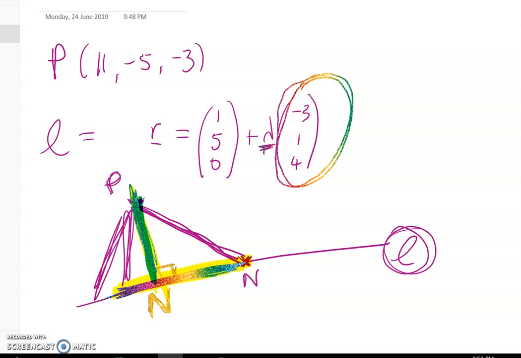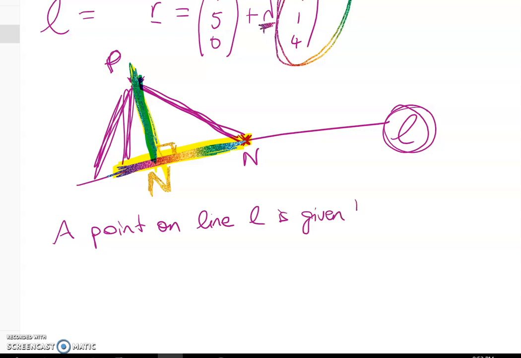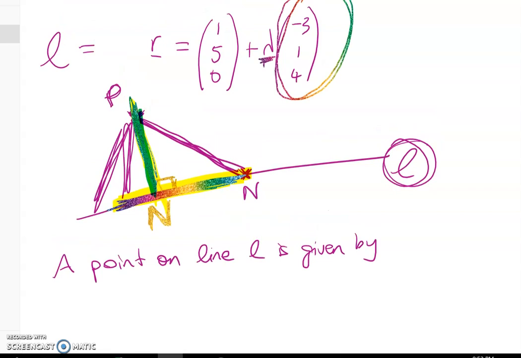There are a couple of little fishhooks in here, right? So let's think about all of the points on line L, right? So a point on line L is given by what? Well, it comes out of the equation of the line.